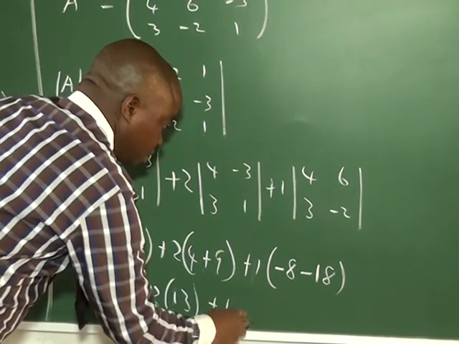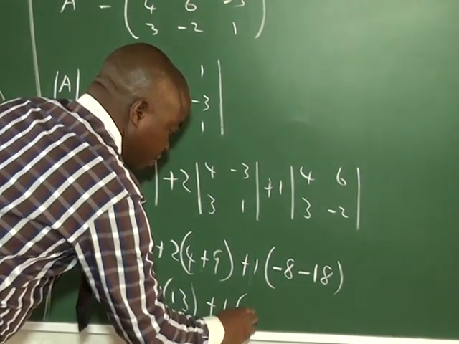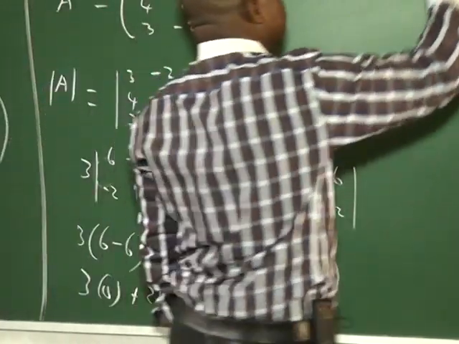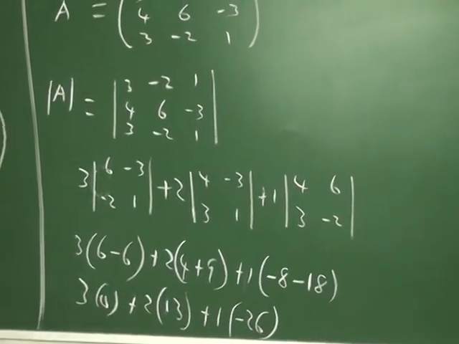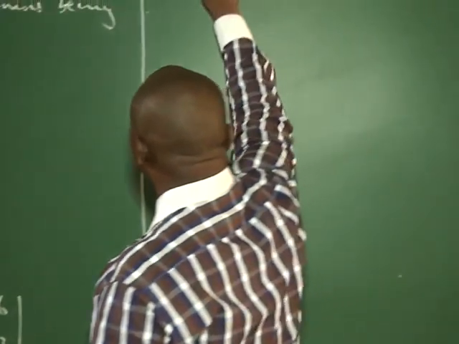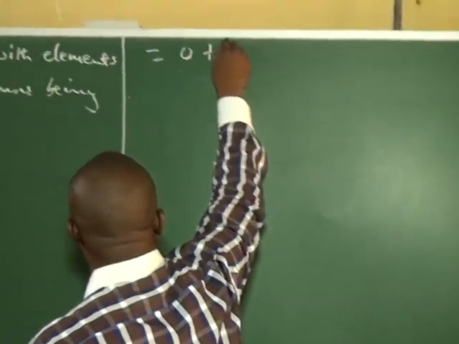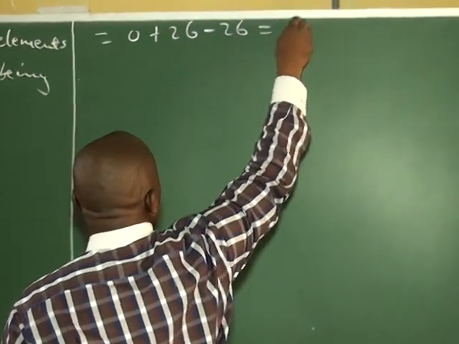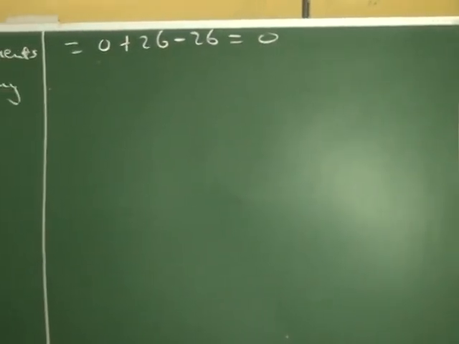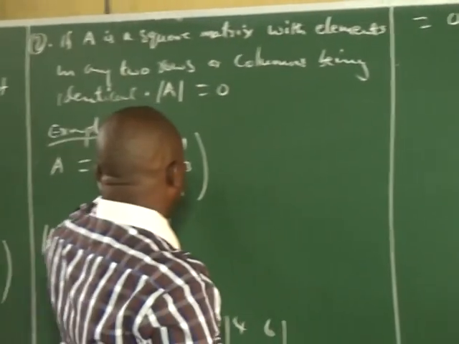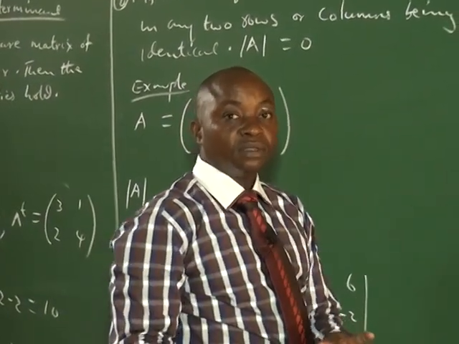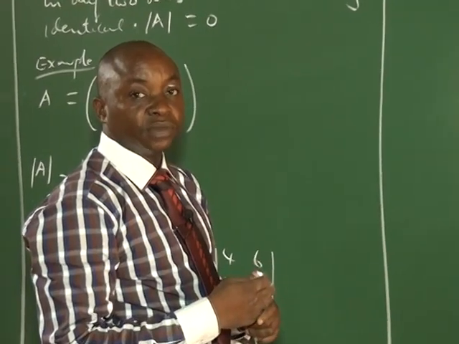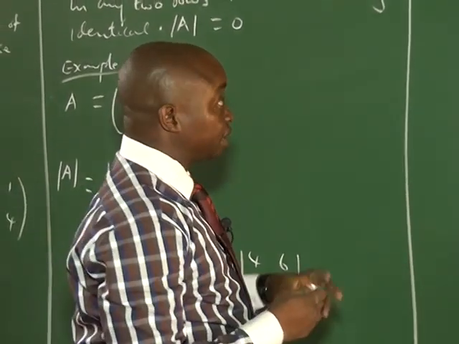Right? Plus 1. Then we have minus 26. That gives us 3 times 0 is 0, plus 26 minus 26. And that gives us 0. So anytime we have two identical rows or columns, the determinant will be 0.